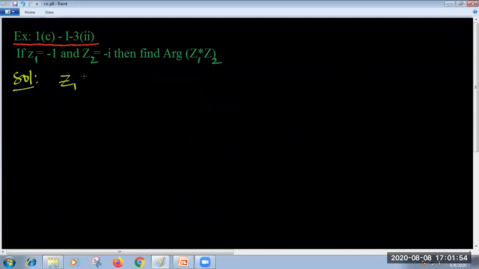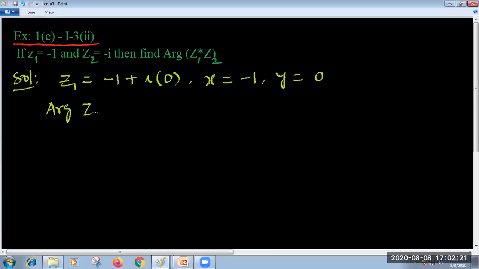The first given complex number is minus 1, and it can be written as, there is no imaginary part. So this is almost the same. X value is minus 1, y value is 0. Argument of z1, the first part is the same as in the previous problem.